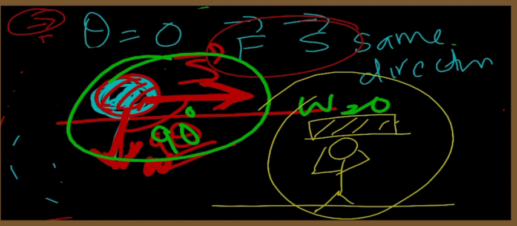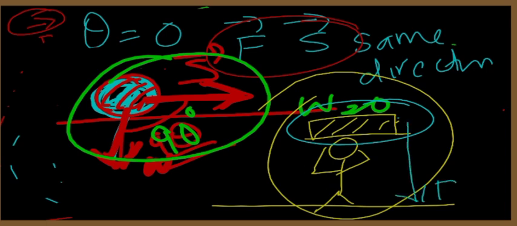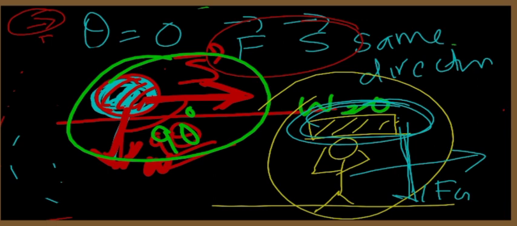Here you can see that the force of gravity acting on this box is vertically downwards, right? But the man is moving in a direction perpendicular to the direction of this force of gravity, right?